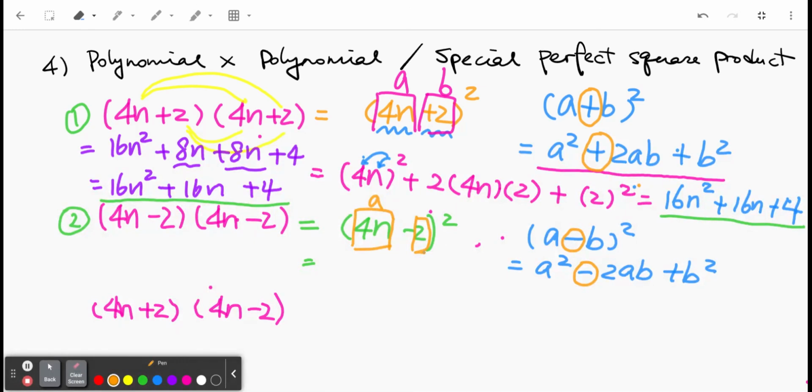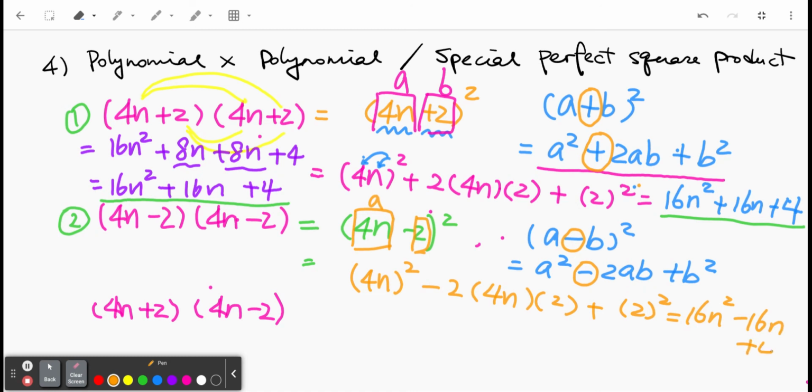All you have to do is plug it in. So it's still 4n squared minus 2 times 4n times 2 plus 2 squared, which is the same thing but with a negative in the center: 16n squared minus 16n plus 4.